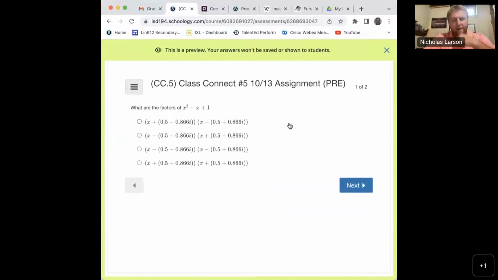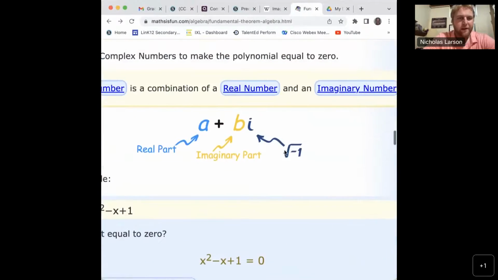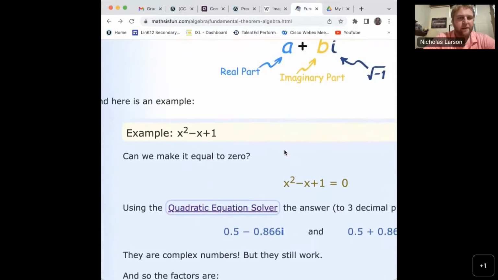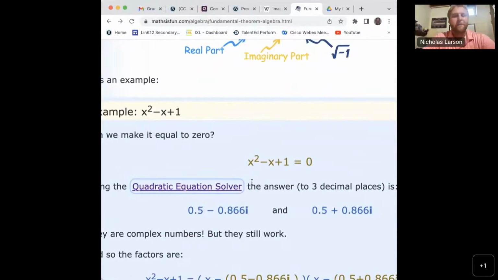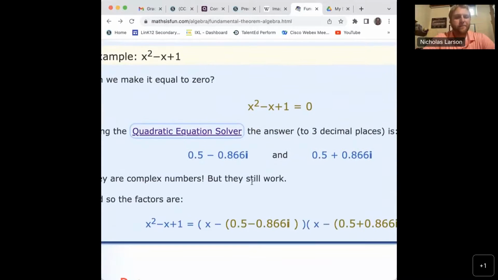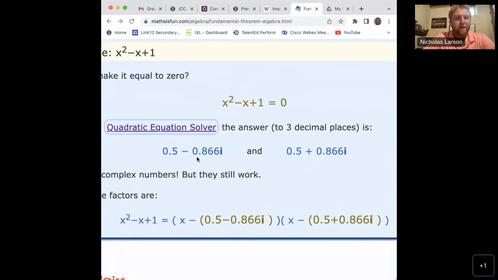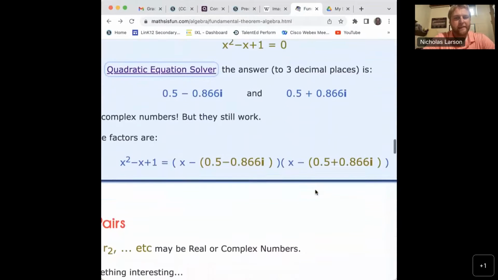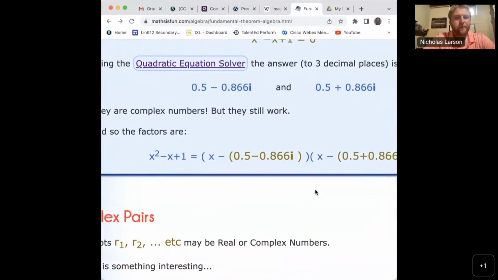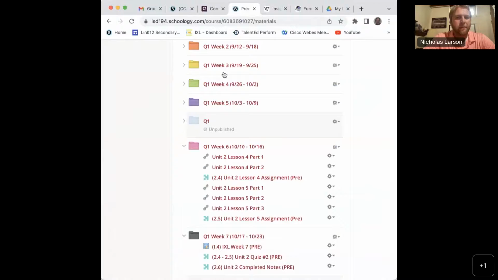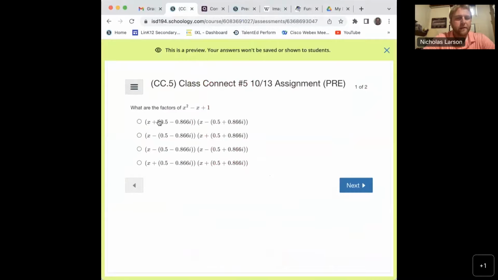What are the factors of x squared minus x plus 1? This is the problem that we did together at the beginning. Again, when we found our complex numbers, we graphed it and found that we got 0.5 minus 0.866i and 0.5 plus 0.866i. So we're going to go ahead and mark those.